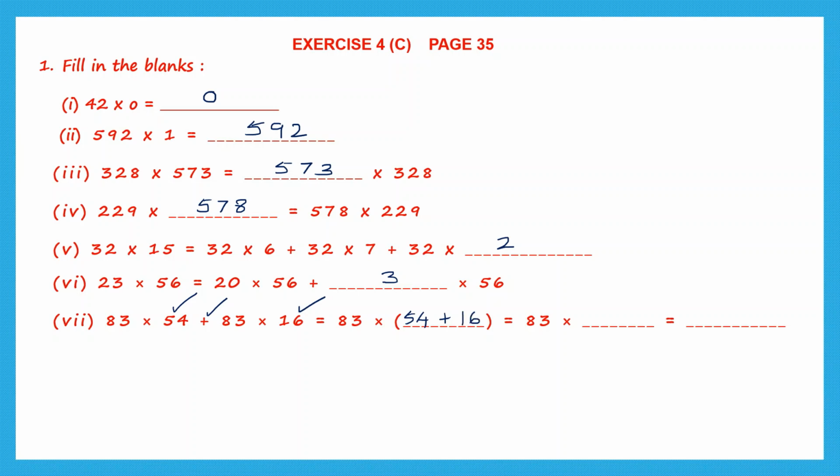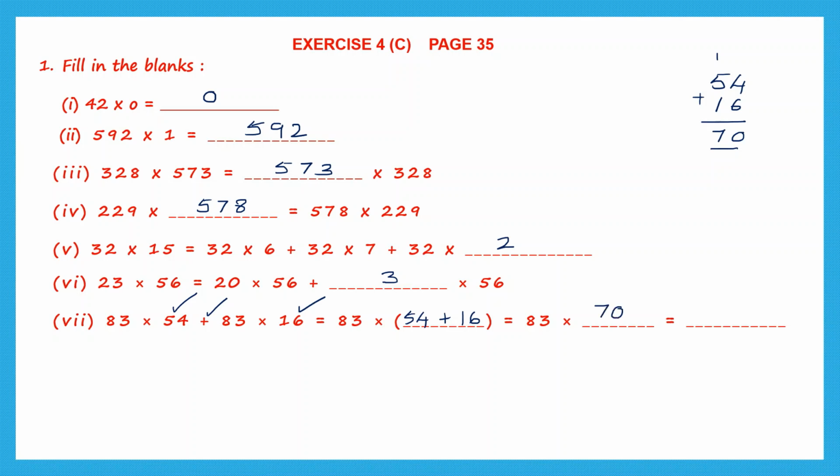So 54 plus 16, which is equal to 83 into, now let's add up 54 and 16. 4 plus 6 is 10, carry 1. 5 plus 1 is 6, plus 1, 70. So we have 70, that is 83 into 70.